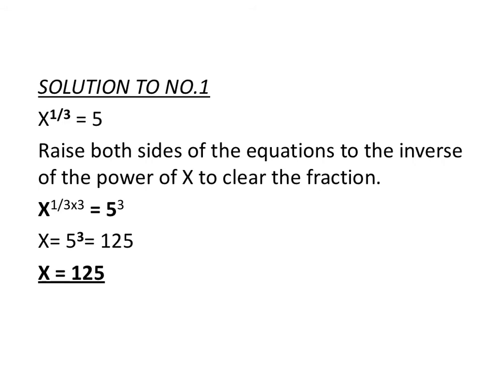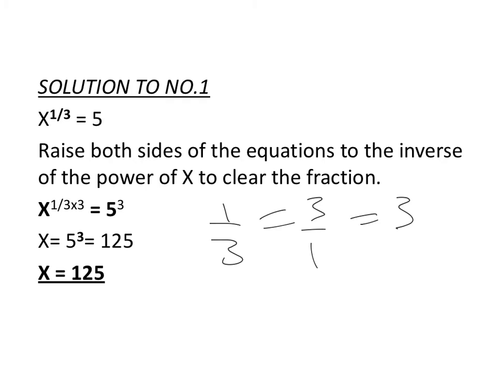Solution to number 1. x raised to power 1 over 3 is equal to 5. That's question number 1. To solve this, raise both sides of the equation to the inverse of the power of x to clear the fraction. So we have x raised to power 1 over 3 times 3. Inverse of 1 over 3 is equal to 3 over 1, which is 3.